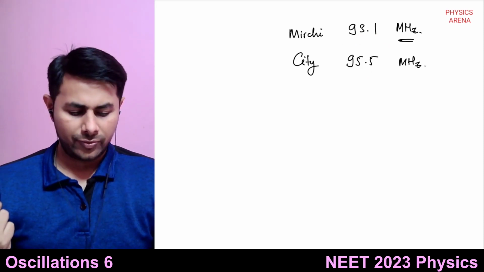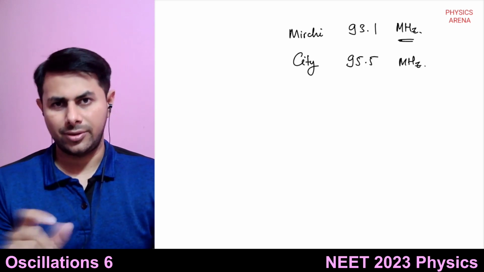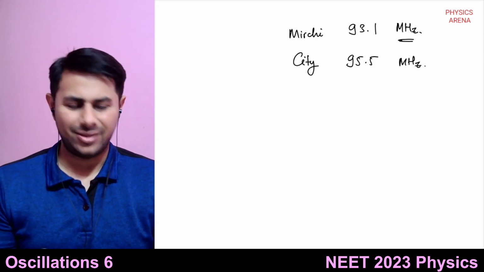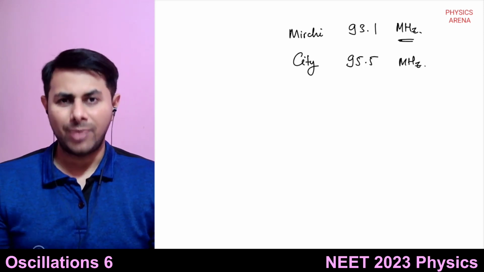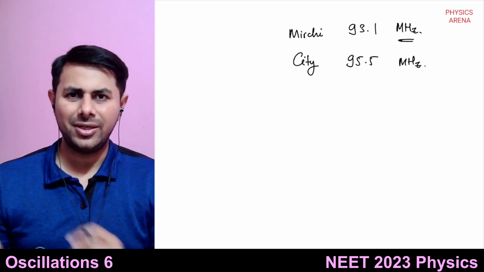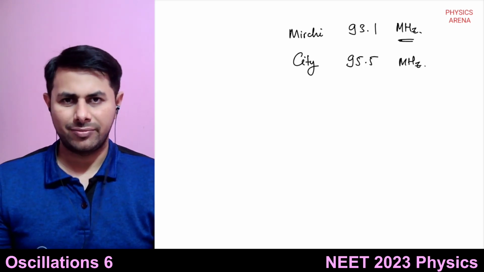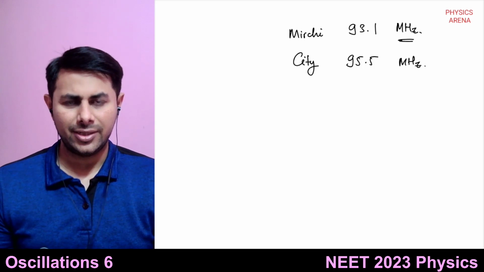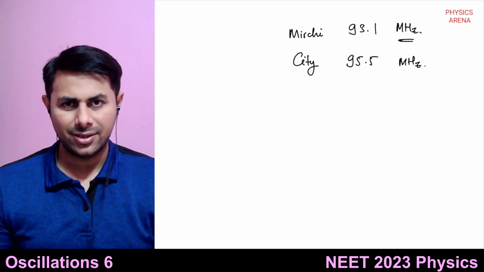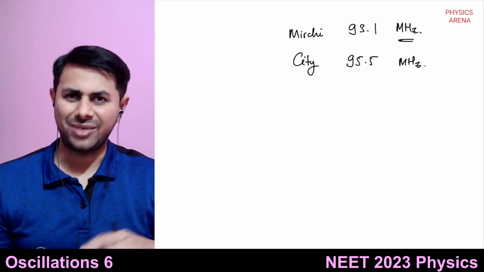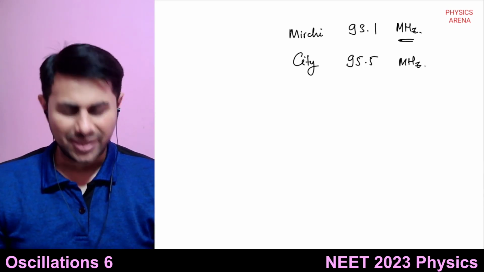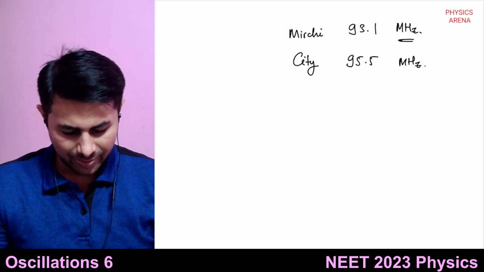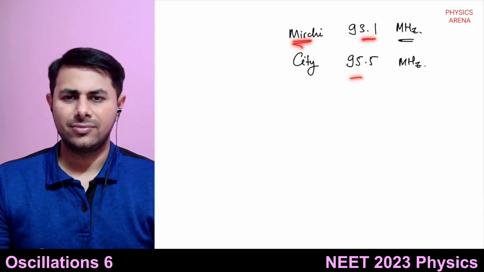Now what happens when you tune your FM receiver, whether a mobile or a dedicated FM? It changes the capacitance of an LCR circuit. We'll learn about that in alternating current. It changes the frequency of the receiver in order to match the frequency of the transmitter.